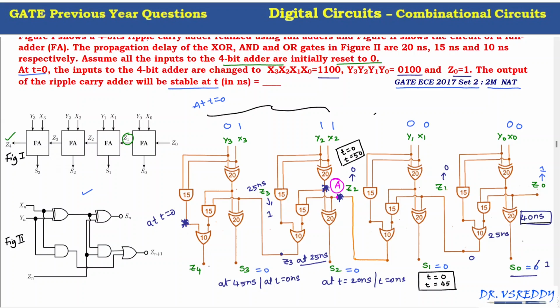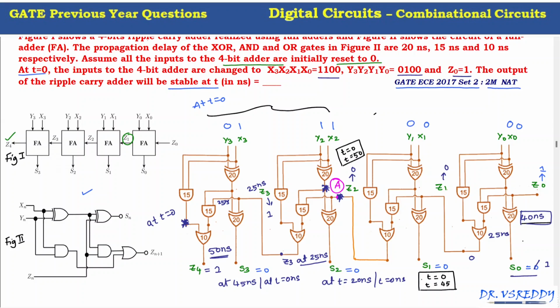Now if you observe, to get this Z4, the input NAND gate required 25 nanosecond, here 25 nanosecond. So this is the 15 plus 10. So 50 nanosecond. After 50 nanosecond, the Z4 becomes 1. Now if you observe, S3 is 0, S2 is 0, S1 is 0, even at t equal to 50 nanosecond, 45 nanosecond, 20 nanosecond, even at t equal to 0 itself.